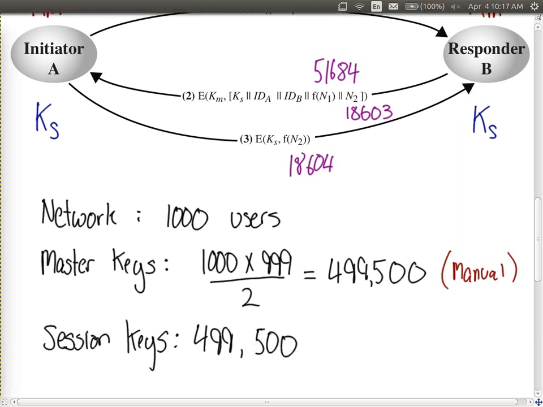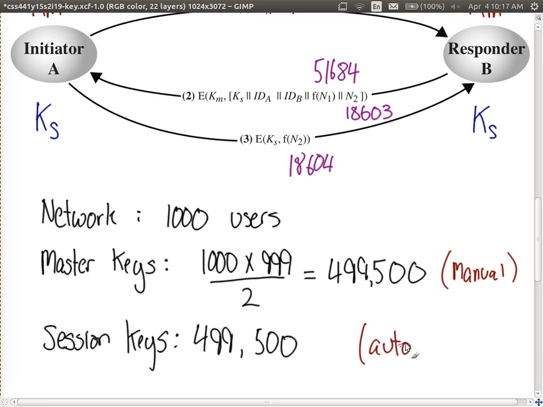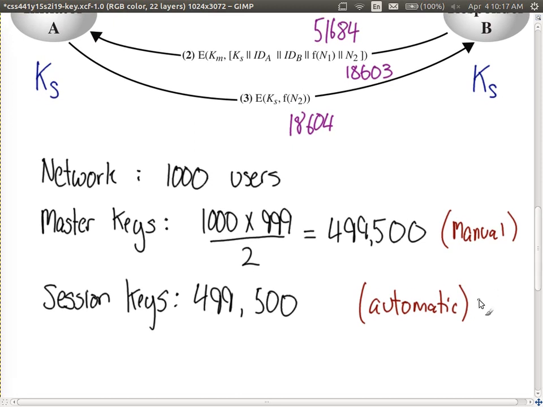But with the session key, that was automatic. That is, it was exchanged across the network in an automatic way, and it's easy to change because it's an automatic exchange.